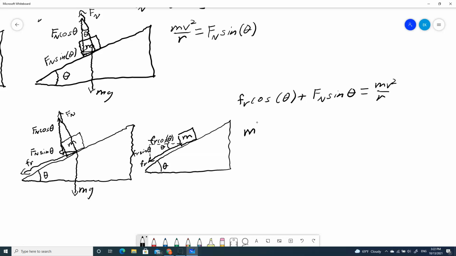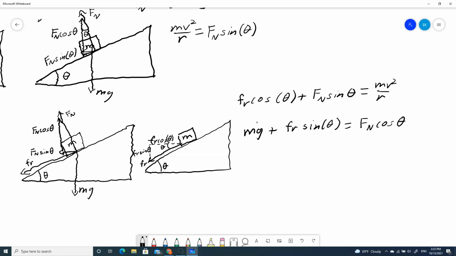mg, so that's the force of gravity downwards, plus F_r sine theta, equals F_n cosine theta.